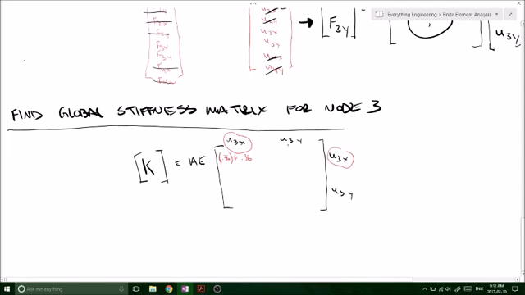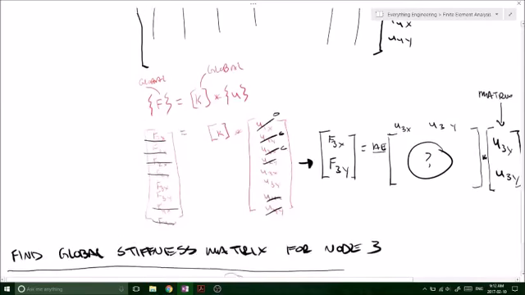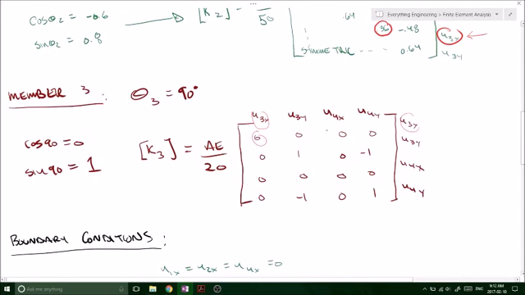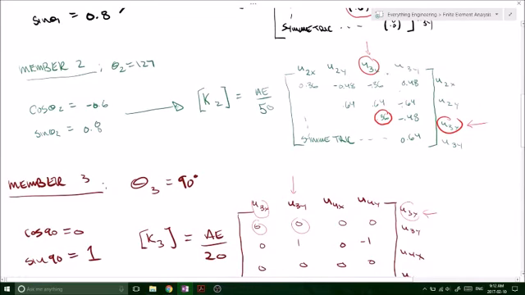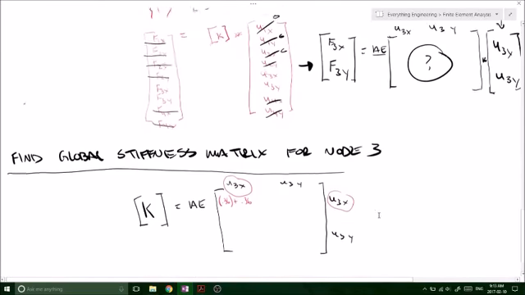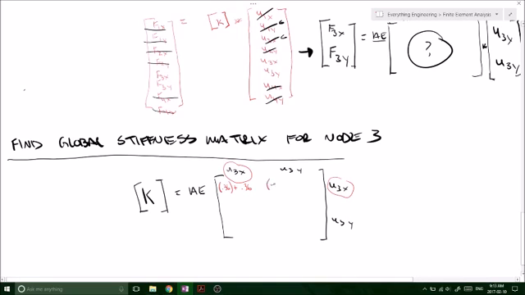Now we need to do the same thing with our y's. Look at U3y and U3x, so match those up. We got U3y, U3x here and here, and this just gives us a 0, so we'll leave that one alone. Here we got our U3y and our U3x, so negative 0.48. We'll go down here, negative 0.48.